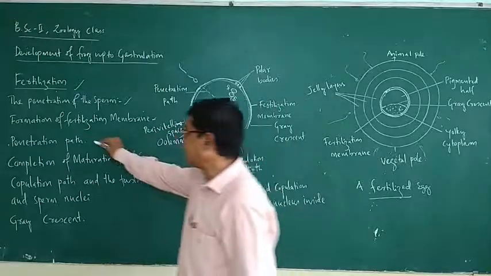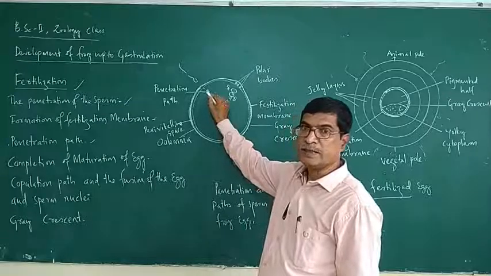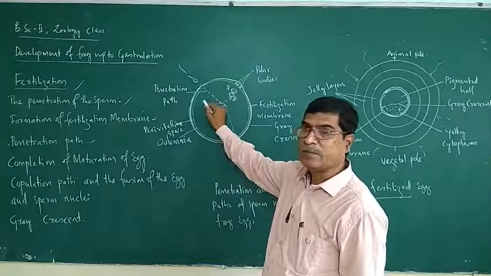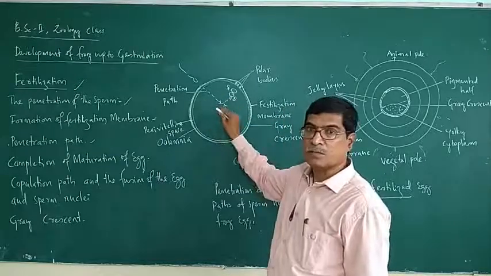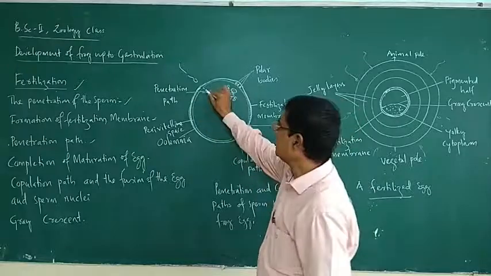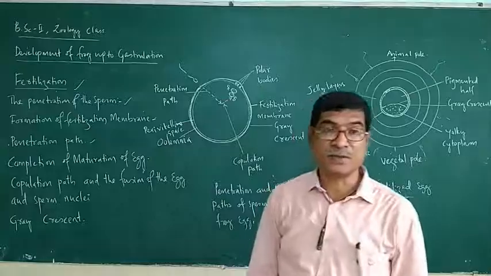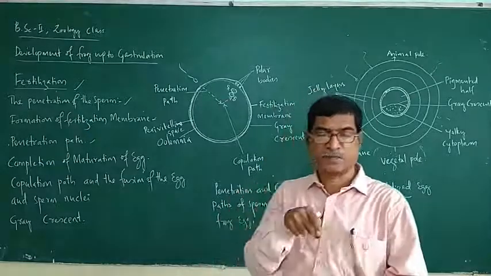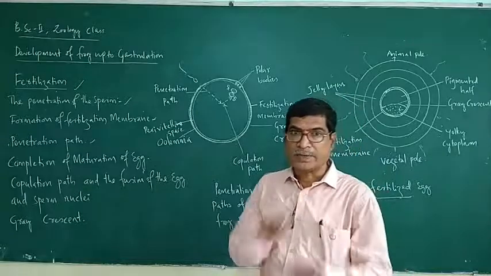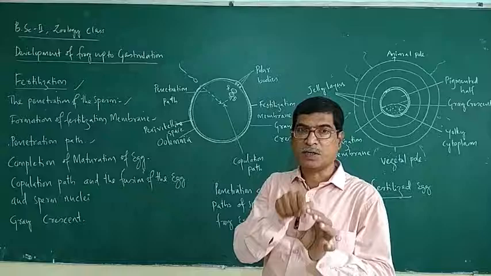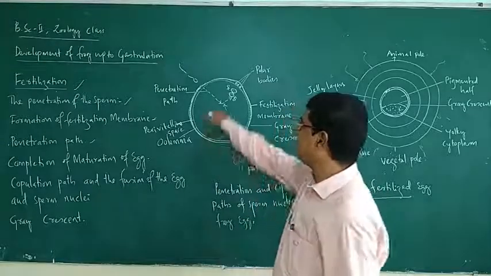Next, the penetration path. The penetrated sperm, its head and middle piece, move into the ovum through a particular path. That path is called the penetration path. It moves deeper into the ovum. That path of the sperm head and its middle piece is known as the penetration path.